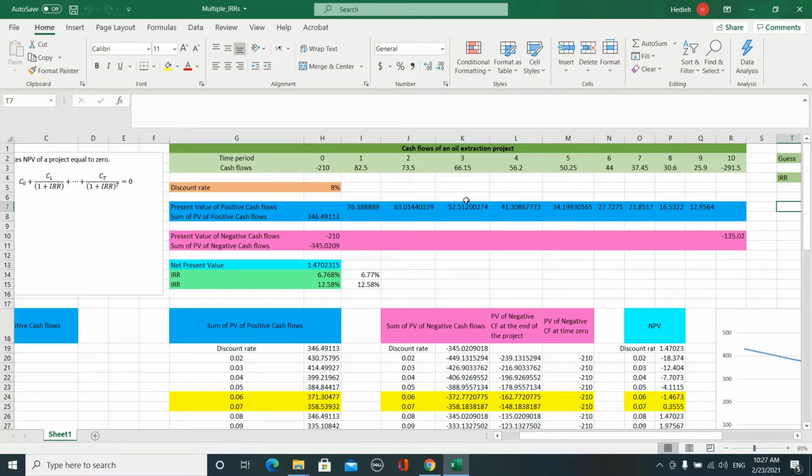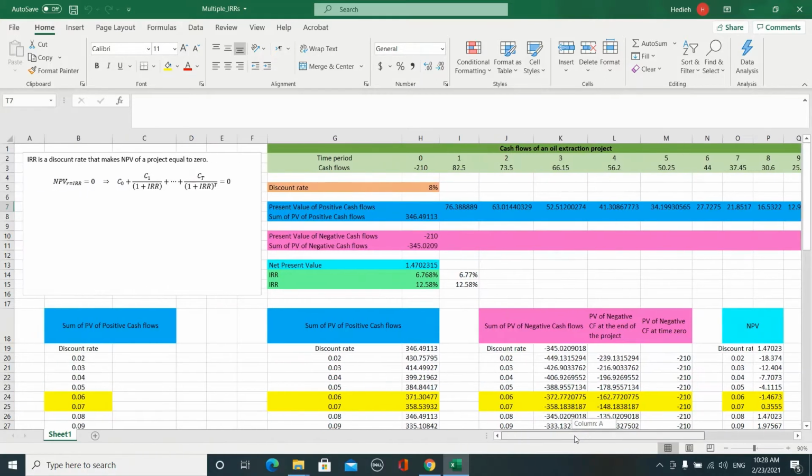So in other words, when you have a negative cash flow in a project after positive cash flows, you can have multiple internal rate of returns. Or whenever you have more than once a change in the sign of the cash flows of a project, you can have multiple internal rate of returns.